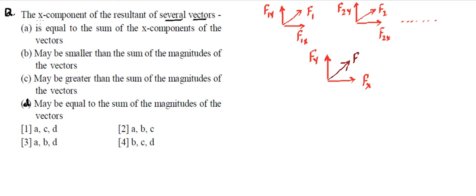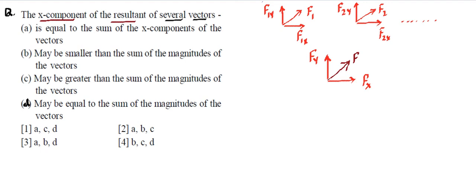Now in this reference, let's talk about what it is asking for. It is asking for the x component of the resultant. That means basically it is talking about this force Fx. Making sense? And for this we need to answer this A option. It says it is equal to the sum of the x components of the vectors.